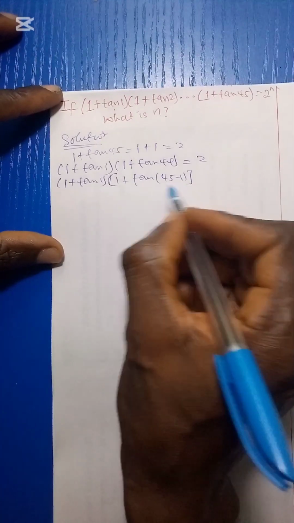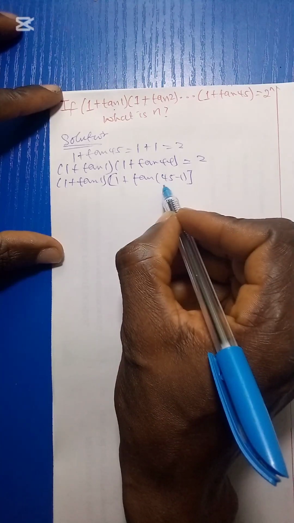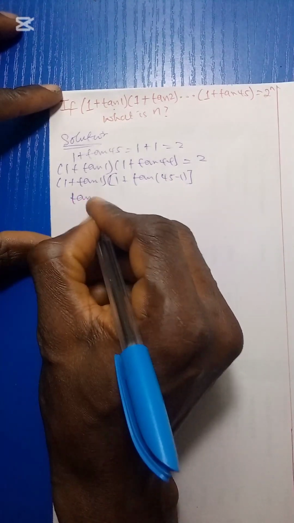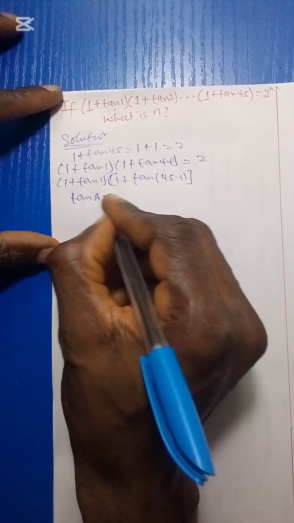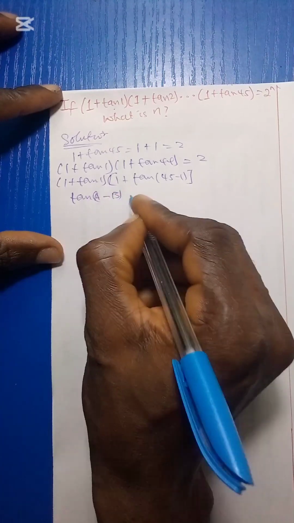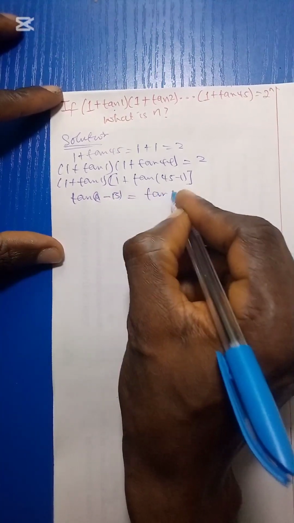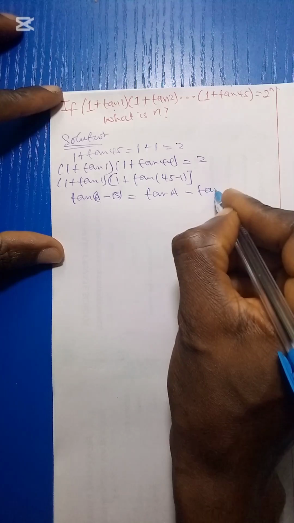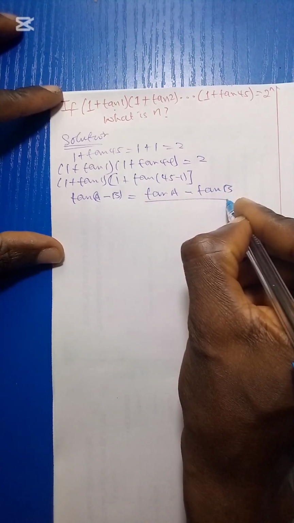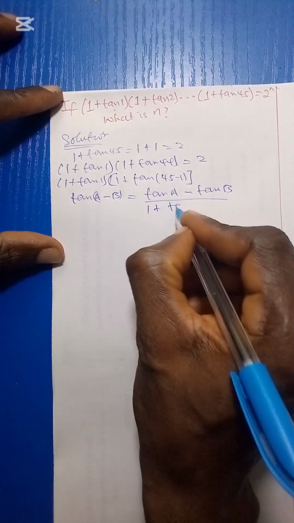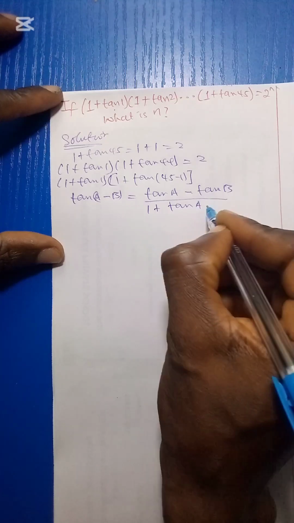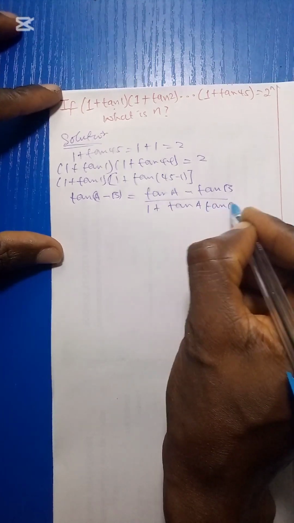So let us use a trig identity here. That is tan (A minus B) is equal to tan A minus tan B all over 1 plus tan A tan B. Very good.